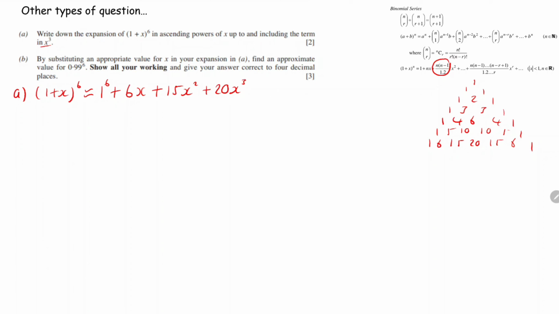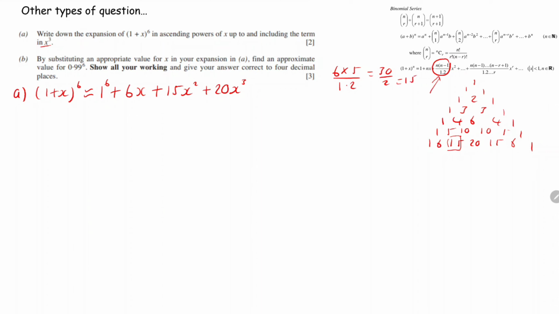We could have obviously obtained these coefficients by using these formulas as well. For example, if you notice the coefficient of the third term is 15. We used Pascal's triangle to obtain that 15, but we could have used n, which was 6, times n minus 1, which was 5, over 1 times 2, which would have given us 30 over 2, which would have given us 15.